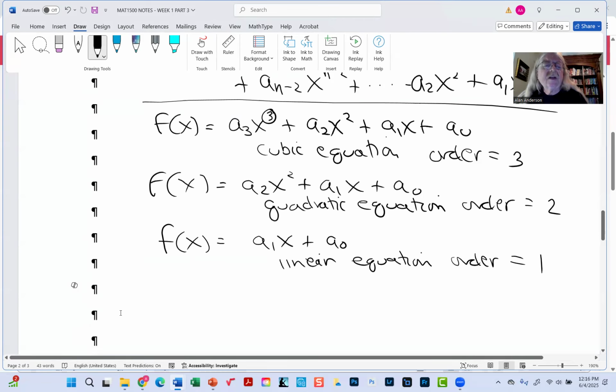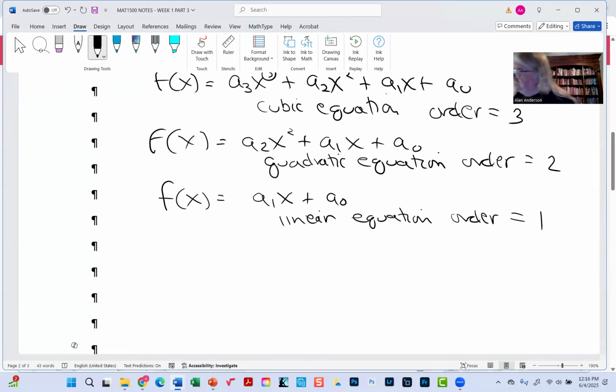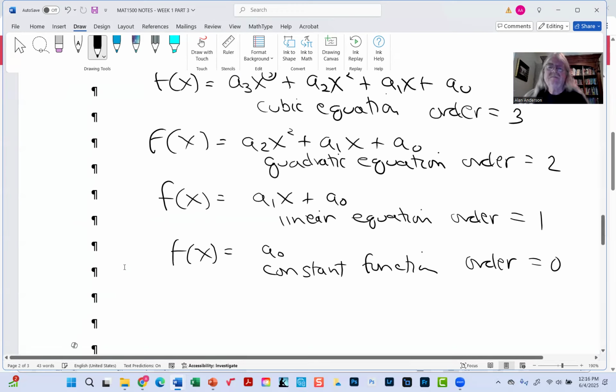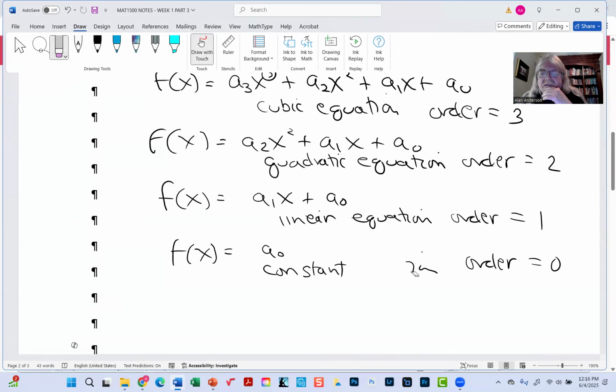And then you could also have a constant function, order equals 0. Or actually, let me be consistent here, a constant equation or function, and that is defined to have an order of 0.